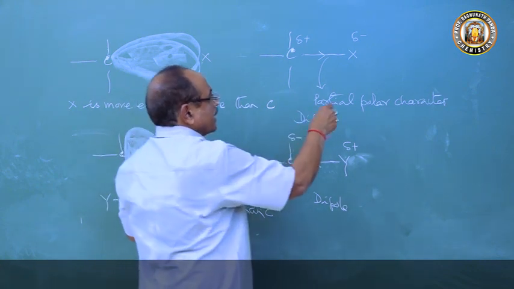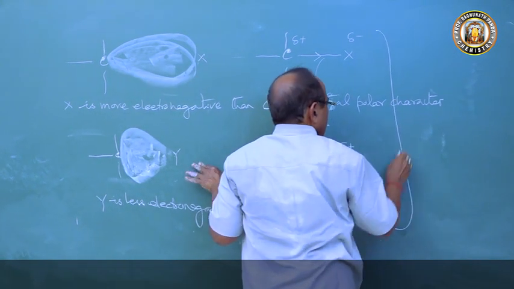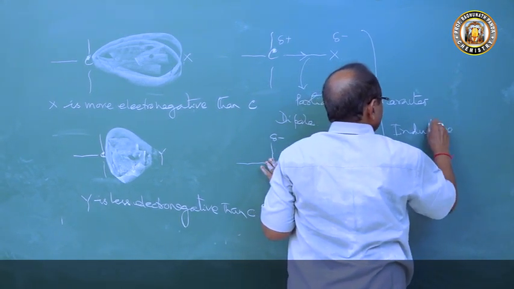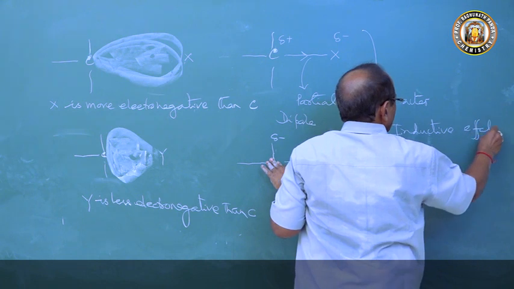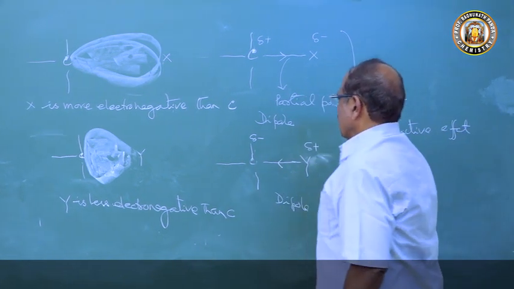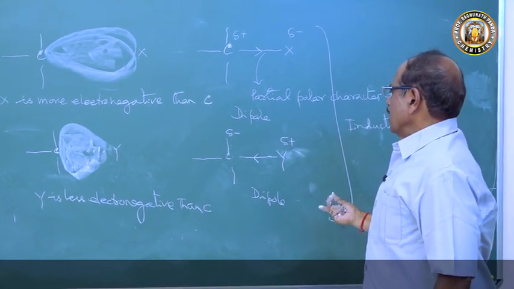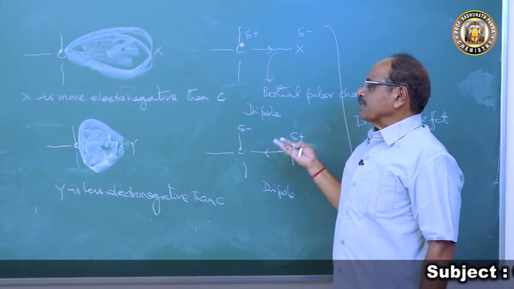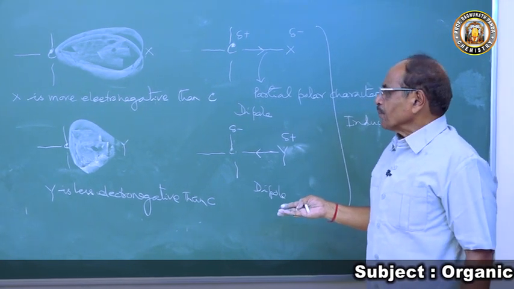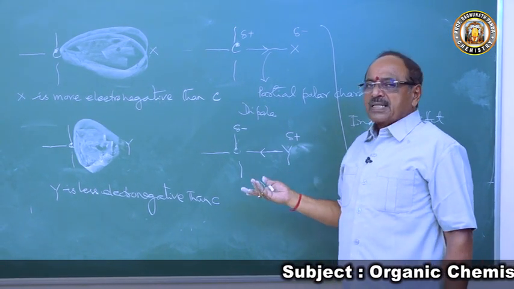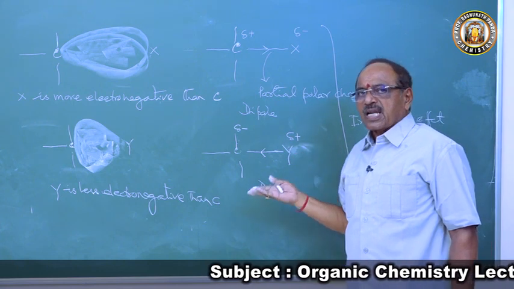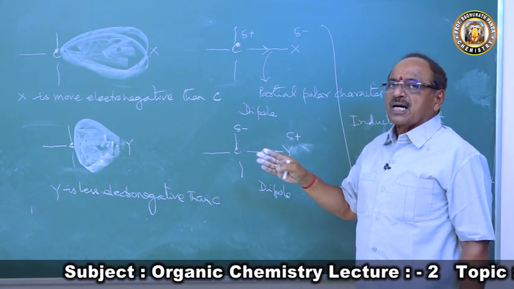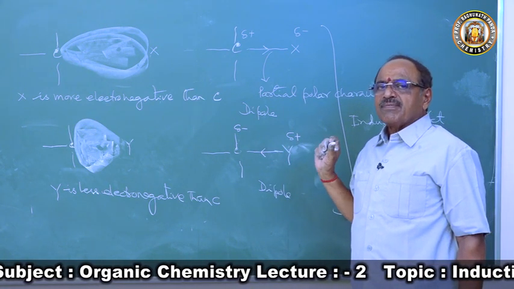So this phenomenon we call as inductive effect. So the induction of polarity into a molecule when the carbon atom is bonded to an atom of dissimilar electronegativity, due to permanent polarization of the electron cloud away from carbon or towards carbon, is called as inductive effect.